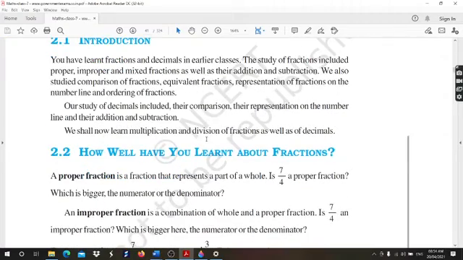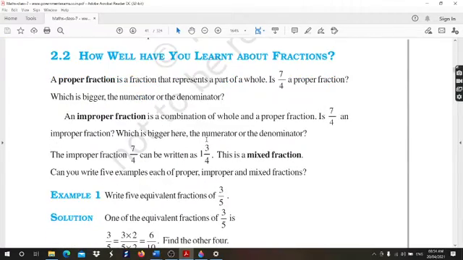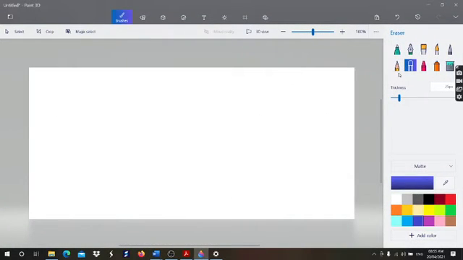Introductions. You see, a proper fraction is a fraction that represents a part of a whole. Correct? Say for example, 3 upon 5. This 3 is the numerator, 5 is the denominator.